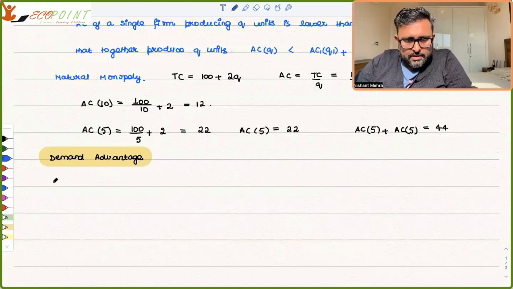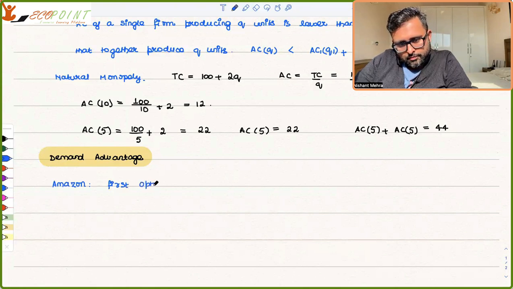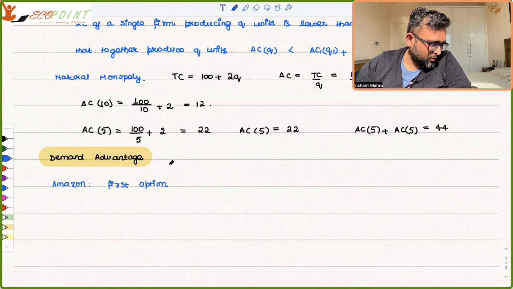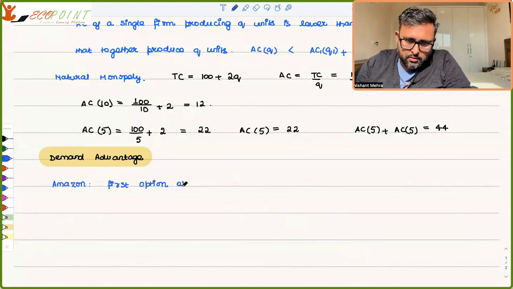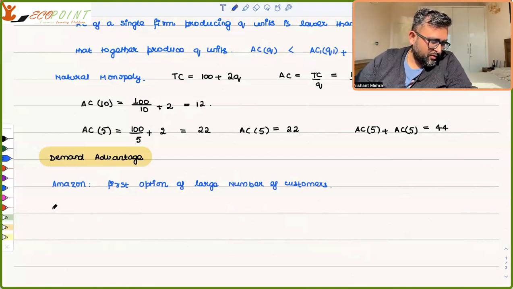So Amazon is the first option of a large number of customers.